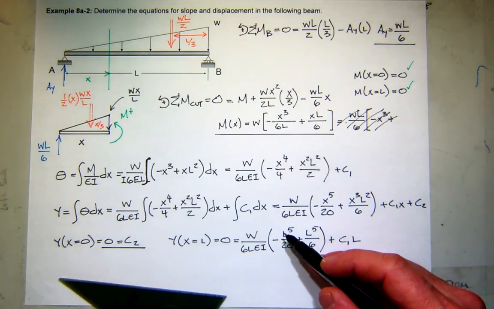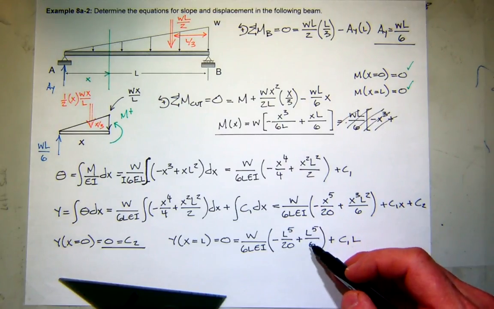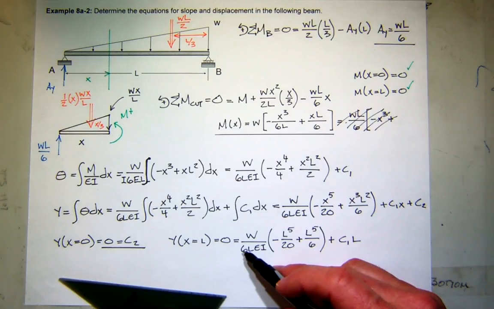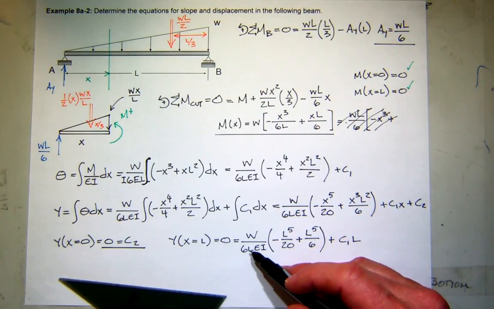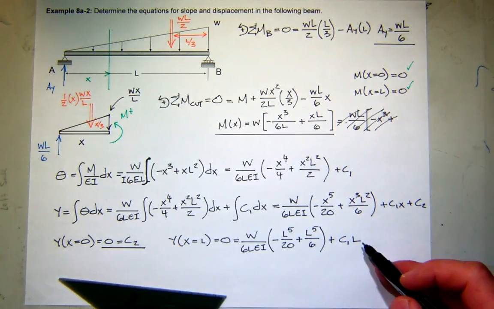So this would be 3 60ths plus 10 60ths gives me 7 60ths. Then the 60th times 6 is 360. Right? And then this L knocks that out to L to the 4th, and you divide by that L, you get L cubed.